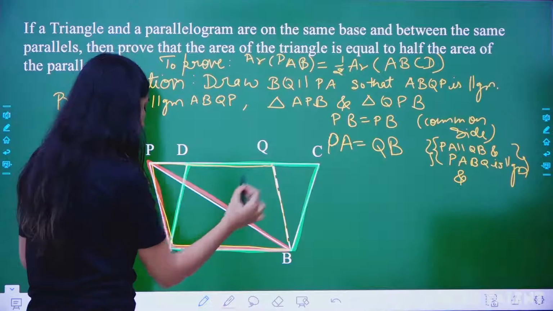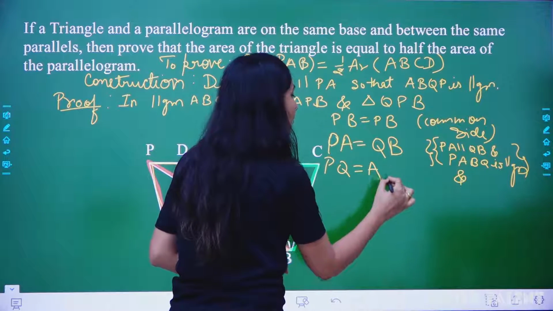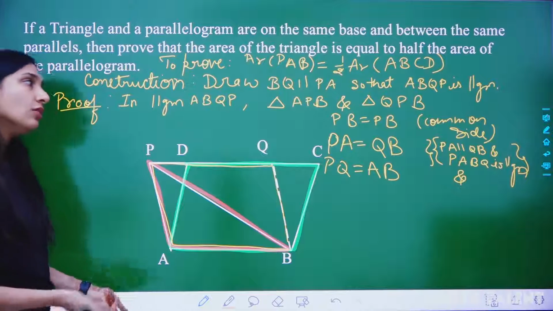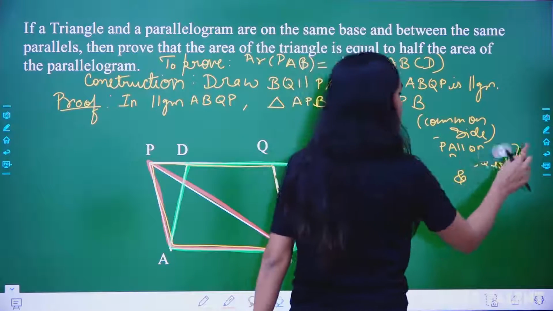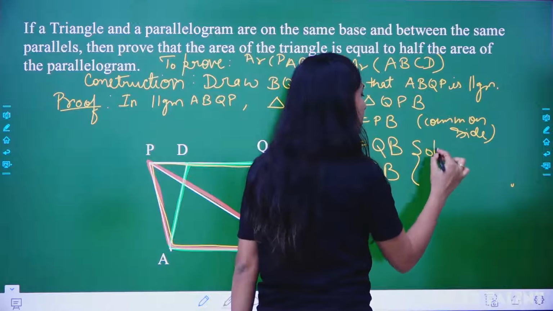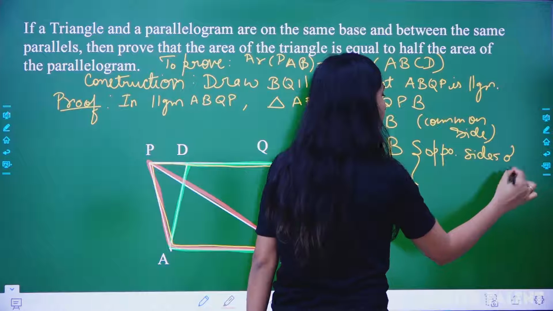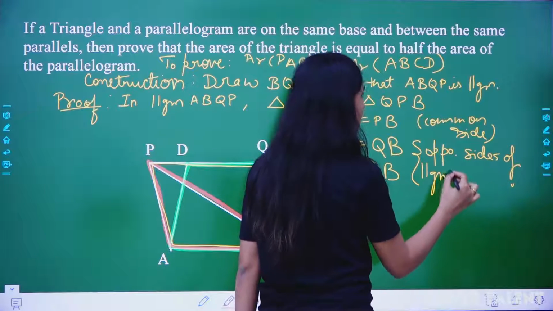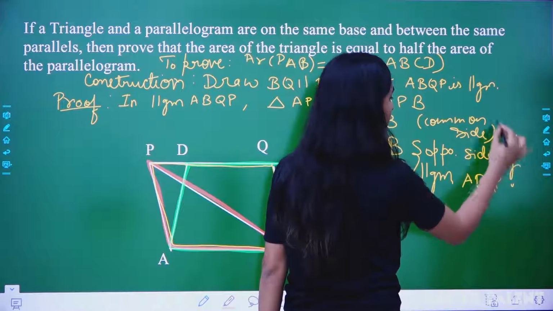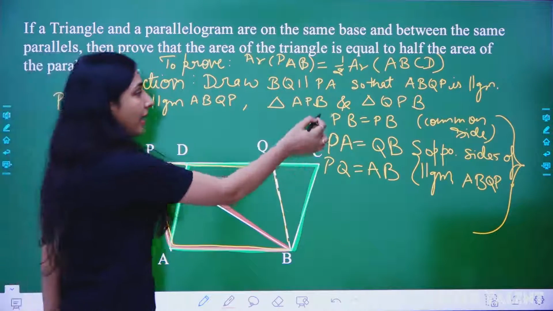Now here, PQ and AB are also equal. And why are these two also equal? Because they are also the opposite sides of the parallelogram. So you can just write here that these are the opposite sides of the parallelogram, and name the parallelogram ABQP, right?